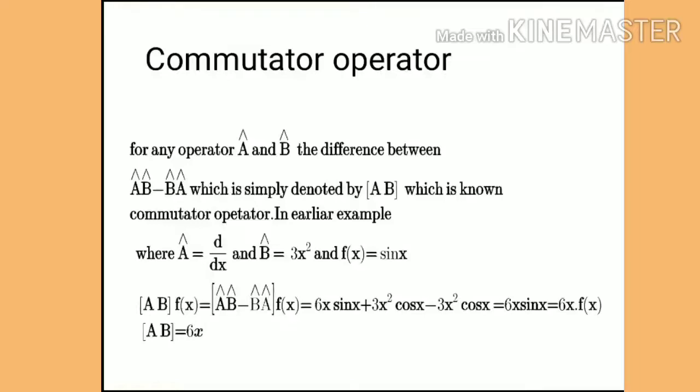So we can say that the commutator operator is equal to 6x, because it is the multiplication value of fx, which is known as a commutator operator.